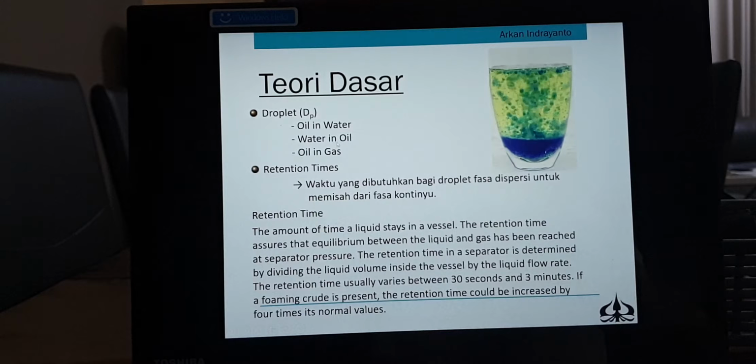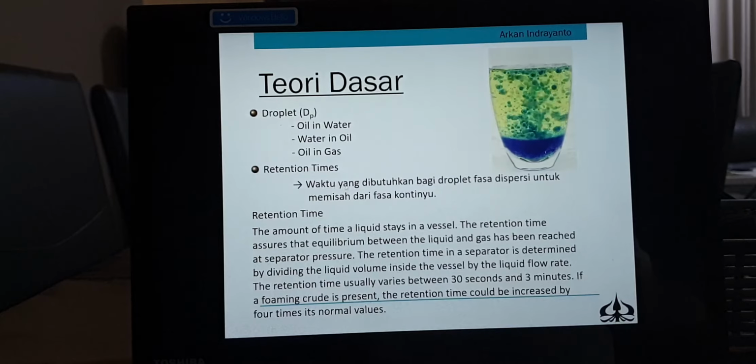Or water in oil: the continuous one is oil and we have water in it. Oil and gas: the continuous one is gas, so we have oil in it to separate. So usually we have dP, the droplet diameter.